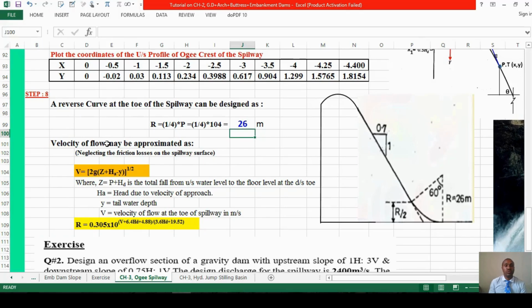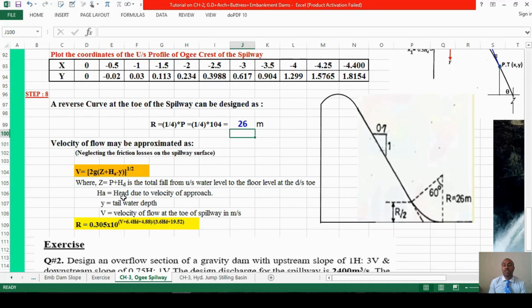and it is distributed in the air, then the energy will be dissipated. The velocity of flow may be approximated using this equation, neglecting friction loss on the spillway surface. You can derive it from Bernoulli's equation: the square root of 2g times (P plus HD plus Ha minus y). P plus HD is the total fall from the upstream water level to the floor of the downstream toe.